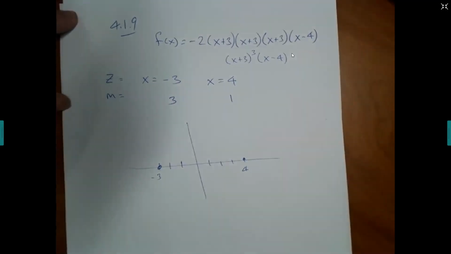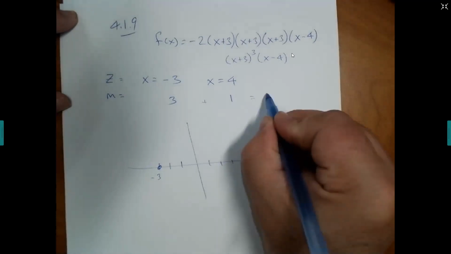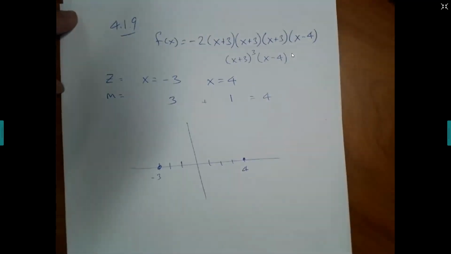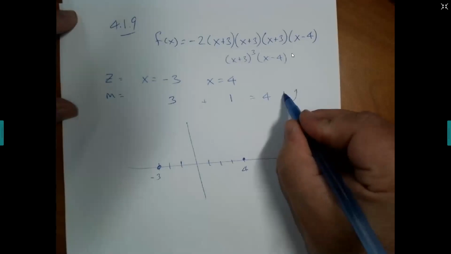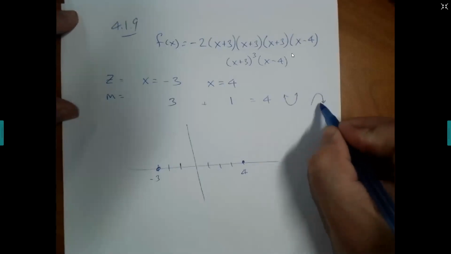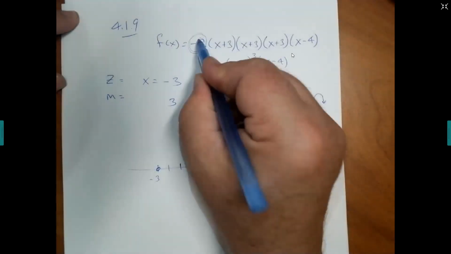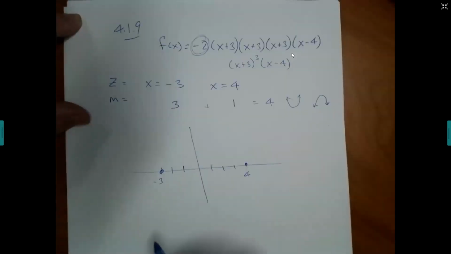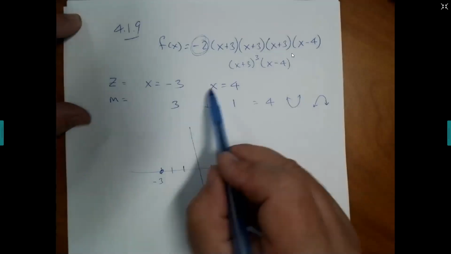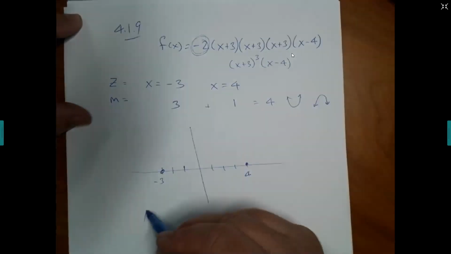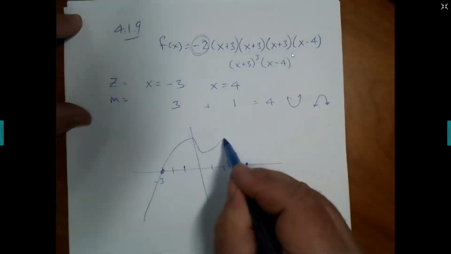The degree of the equation is 4th order, which means both ends will either point up or point down. Which one is it going to do? It's going to point down because it's -2. It could look anything like this.